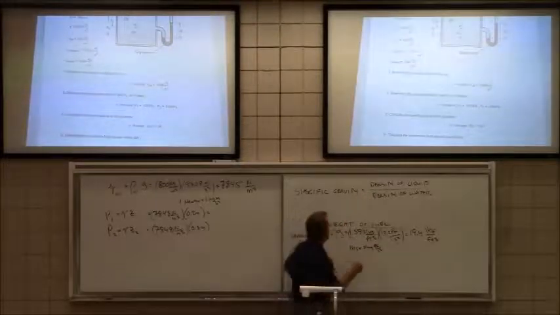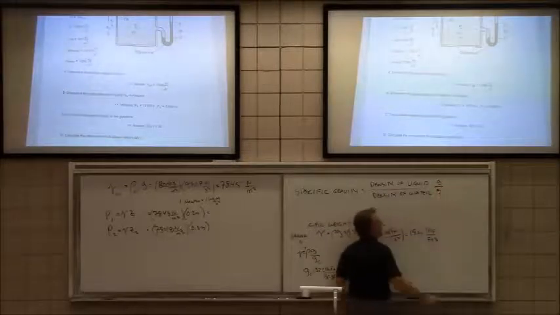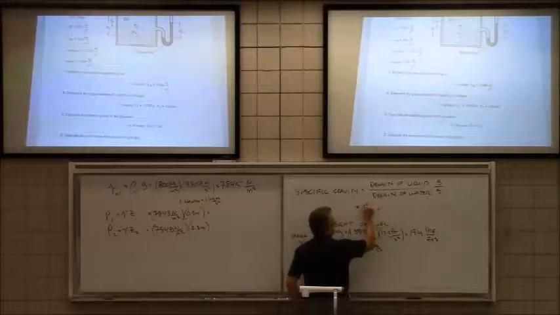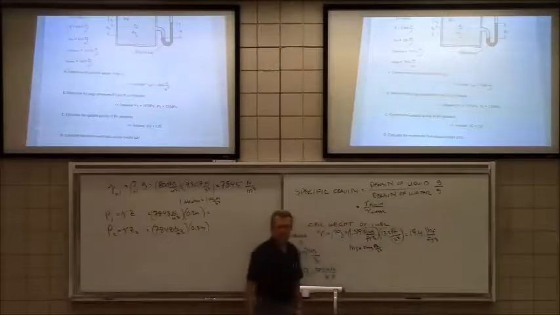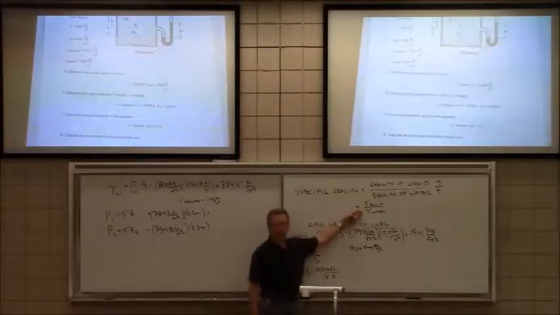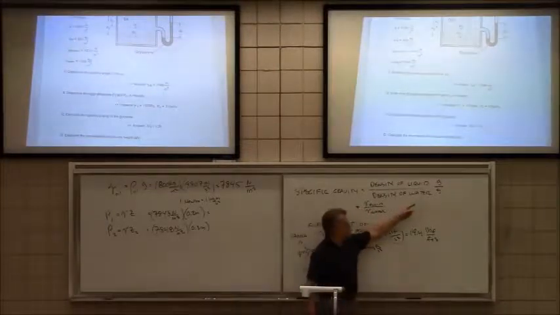If I multiplied this by G over G, what would I have? This would be the specific weight of the fluid over the specific weight of water. And as long as I'm measuring them both in the same gravitational field, this will work.